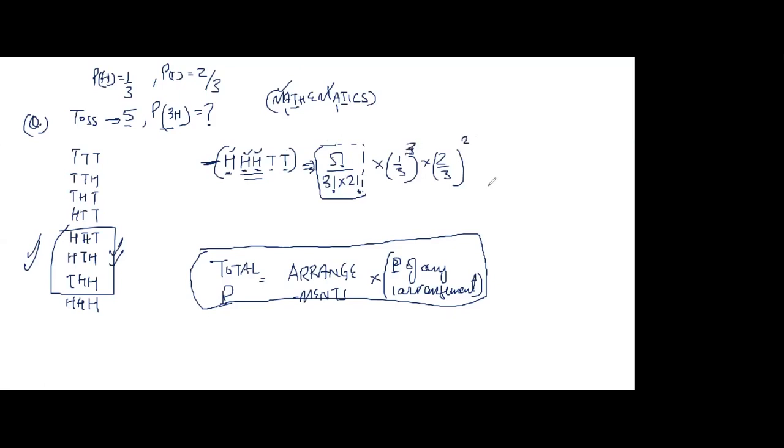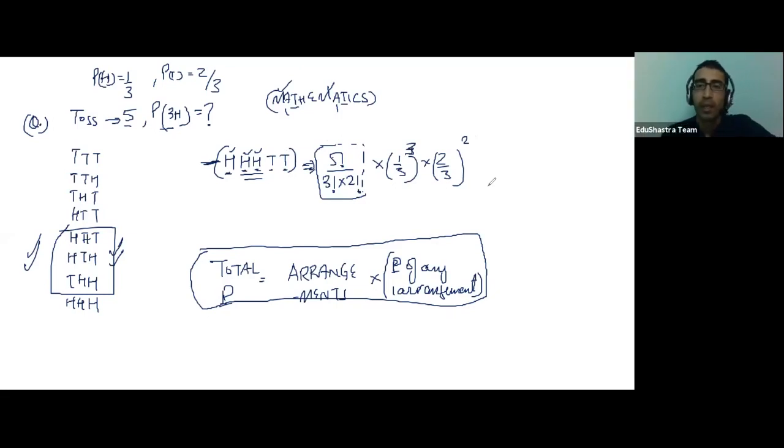So in fact, in such questions, it is foolish to calculate your total number of outcomes, because you won't be able to calculate it. These questions just don't work like that. So the total number of outcomes in this question is not 32, in the sense that your total arrangements are not 32.